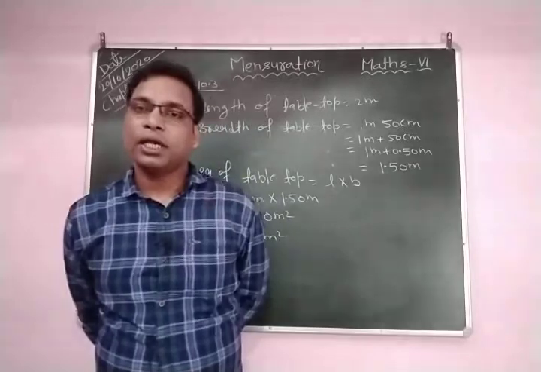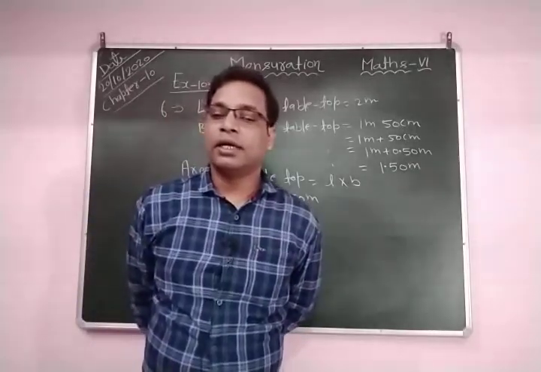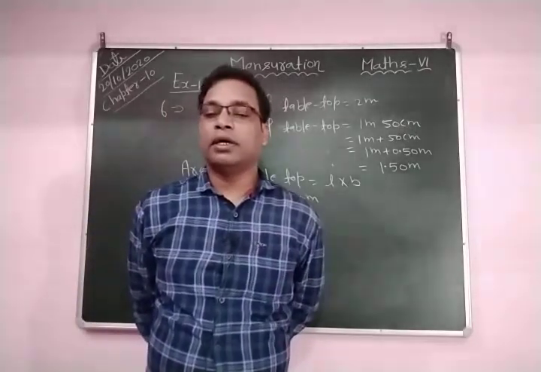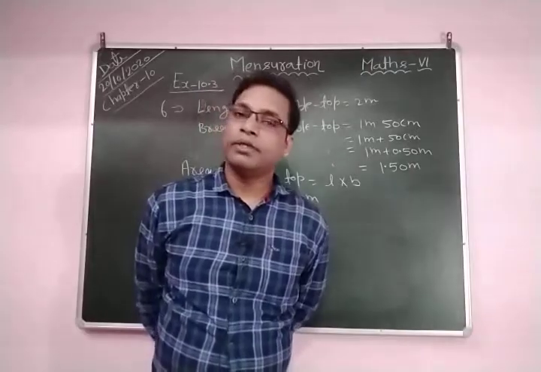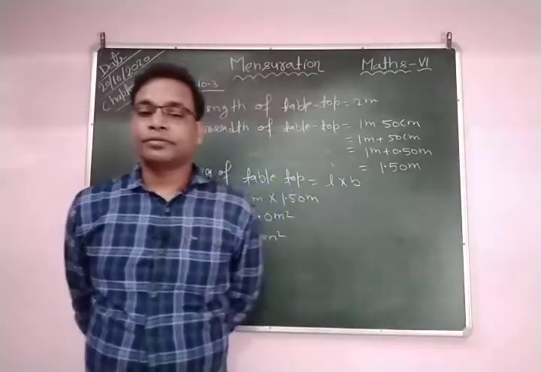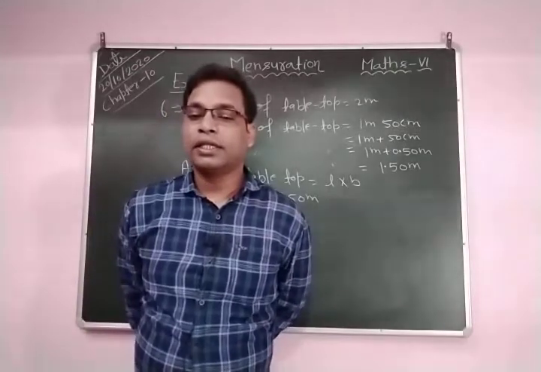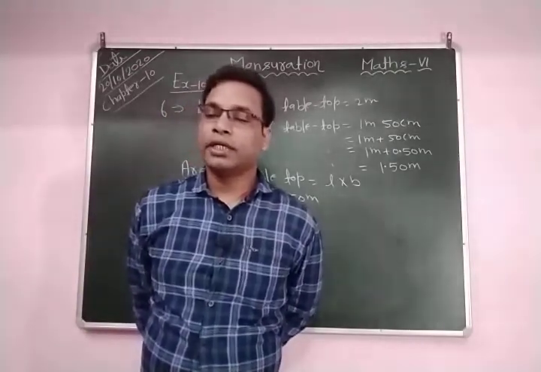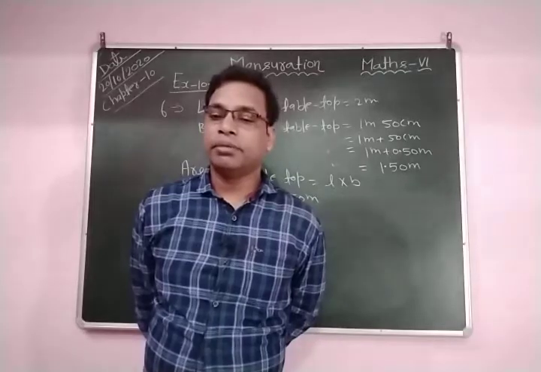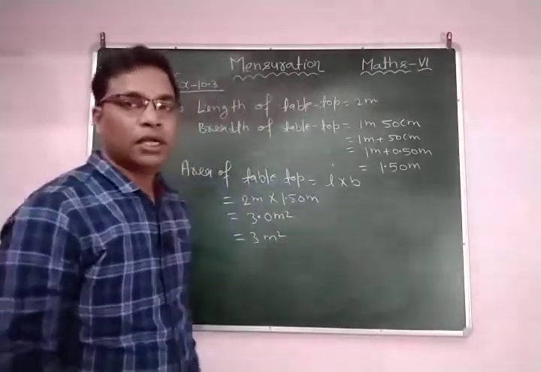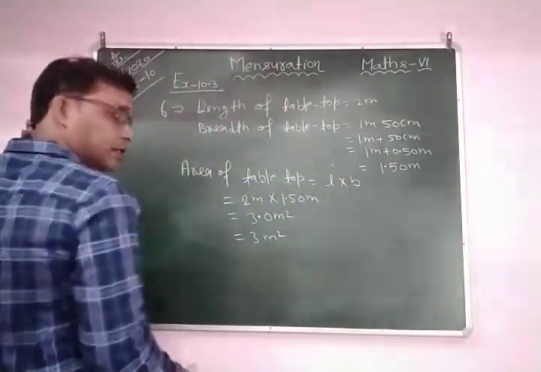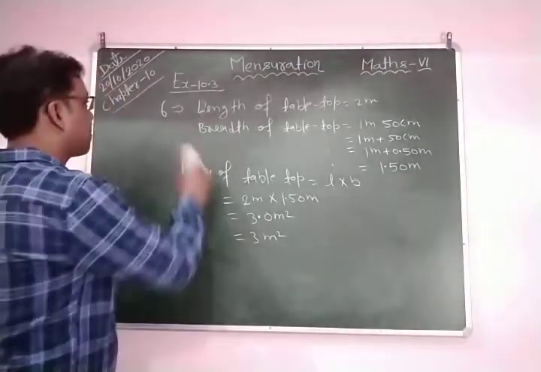So let's see how to find the required carpet to cover the floor of the room. The length of the room is 4 meter and the breadth of the room is 3 meter 50 centimeter. So let's see how to find the floor area of the room.